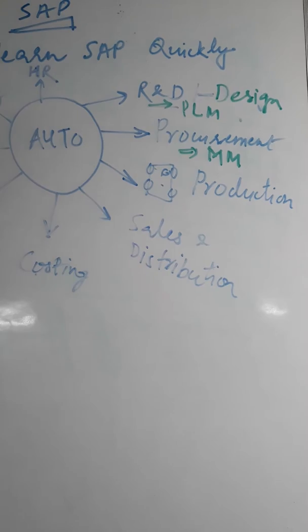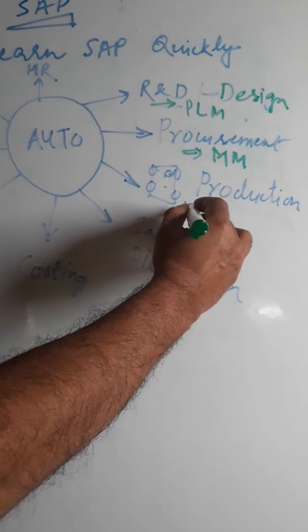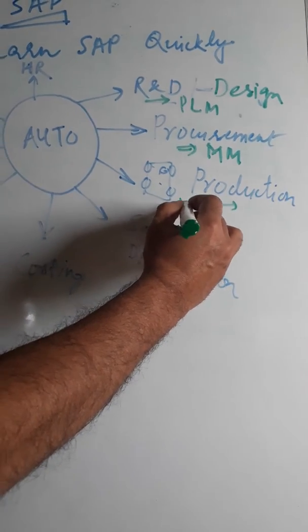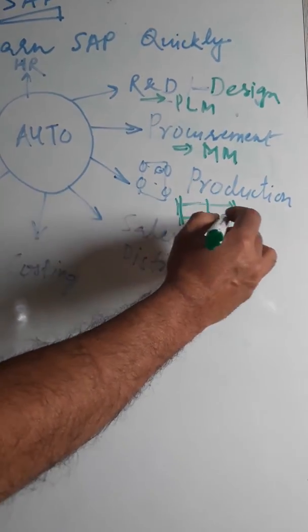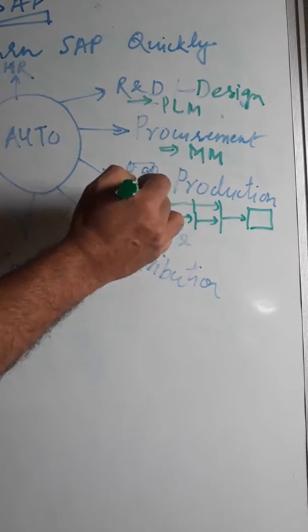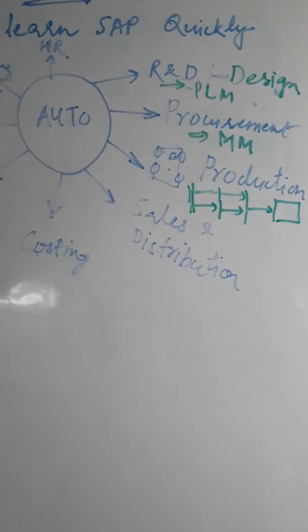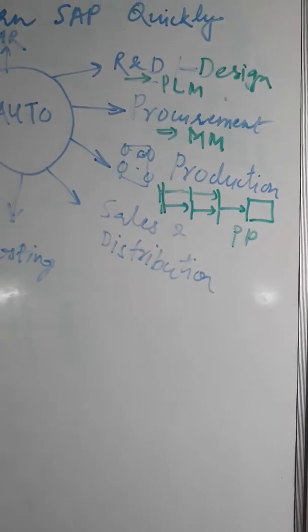If we have experience in manufacturing, how the assembly line works, how the work centers and different machines within production work, and how the final product is prepared, then we can choose a module called PP, production planning.